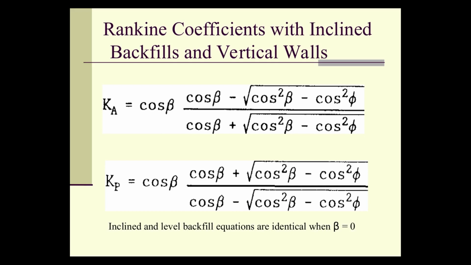All right, beta equals 0, they're the same. Now, one of the things that earth pressure theory has been over the years is an attempt for geotech engineers to show their trigonometric skills. And so a lot of times the formulas will not look the same at first glance, but if you apply a little trigonometry, you will get the same result.